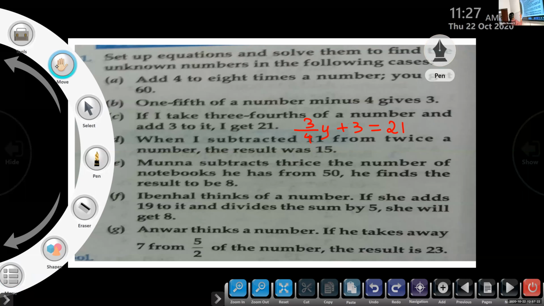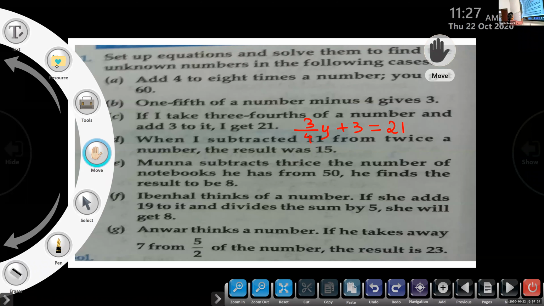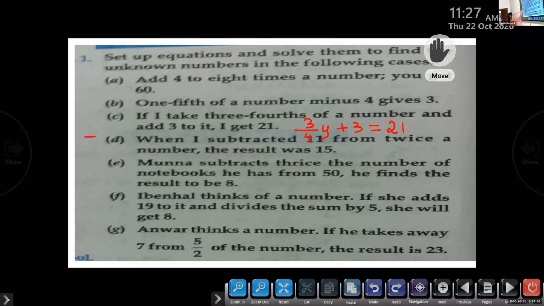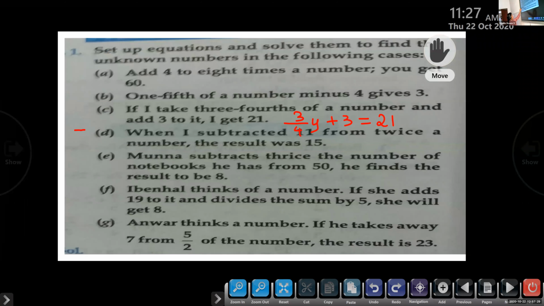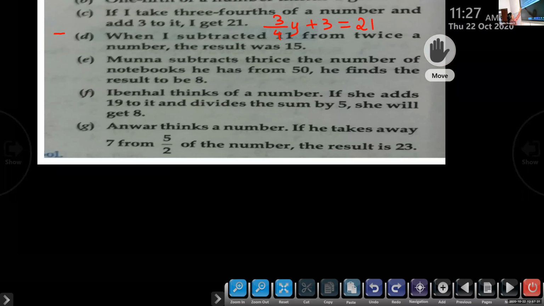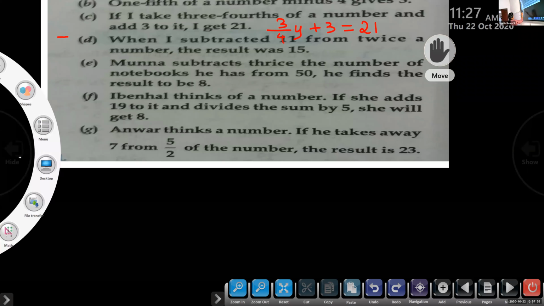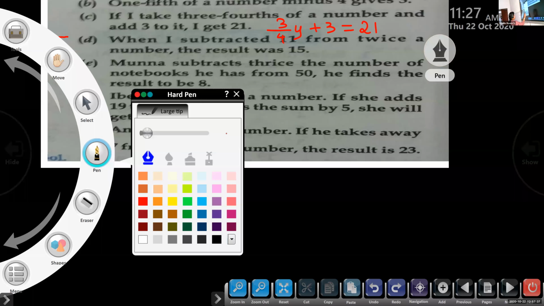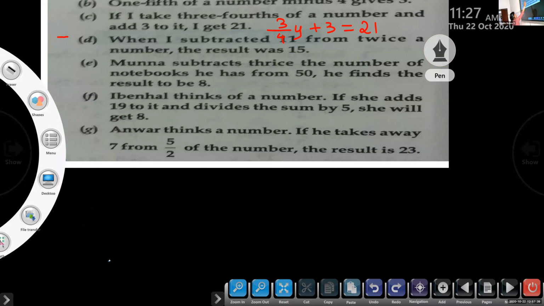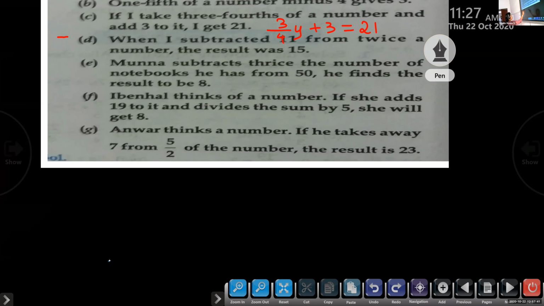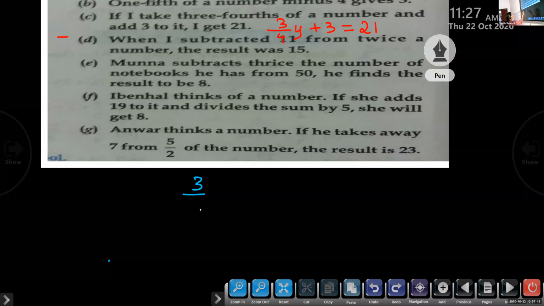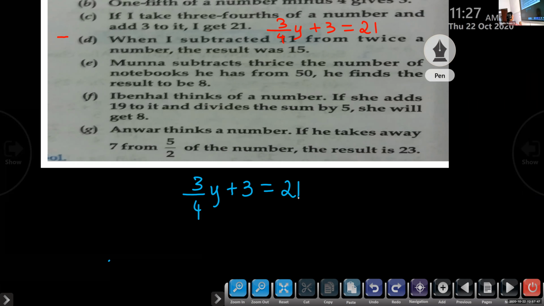Yes, one minute. 3 by 4 y plus 3, isn't it? The question was, this equation was 3 by 4 y plus 3 equals 21. So first we'll take this 3 to this side.